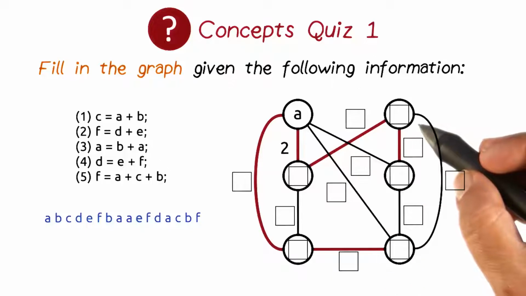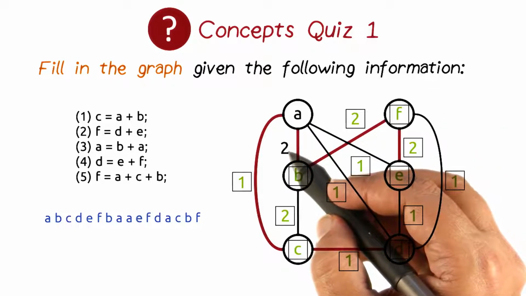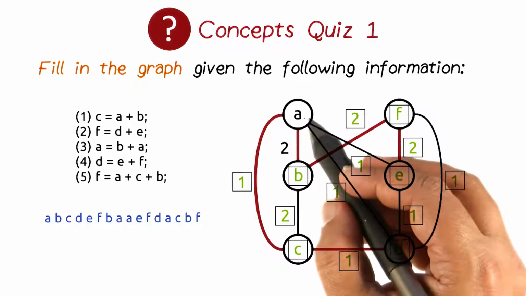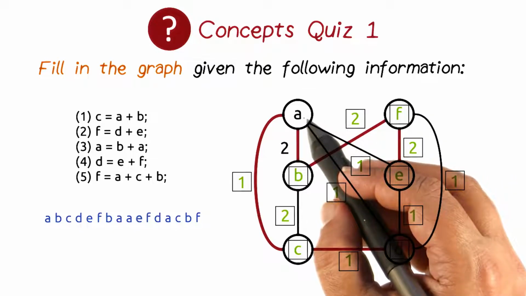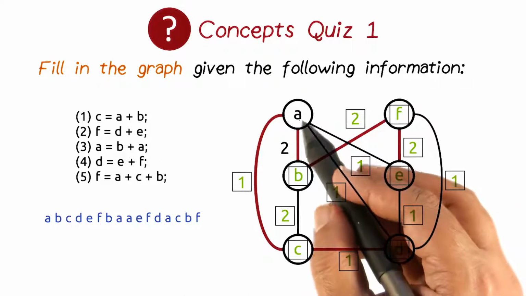Let's now take a look at the answer to the quiz in terms of the access graph, the nodes and the access edge frequencies. So here is the right answer, and I'm going to explain this particular answer to you. We have the access node A here, and the access frequency of 2 is given to you.